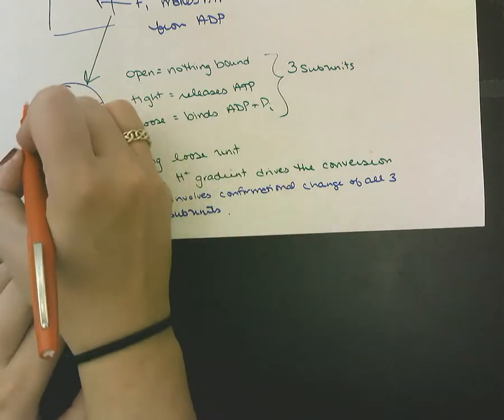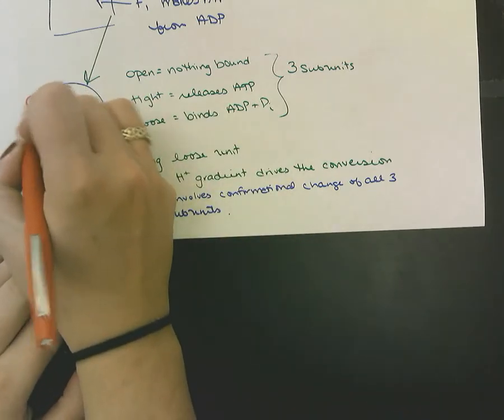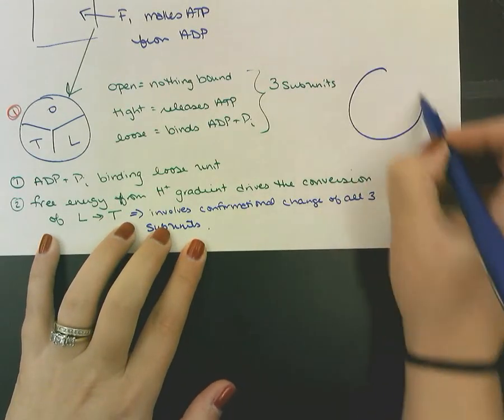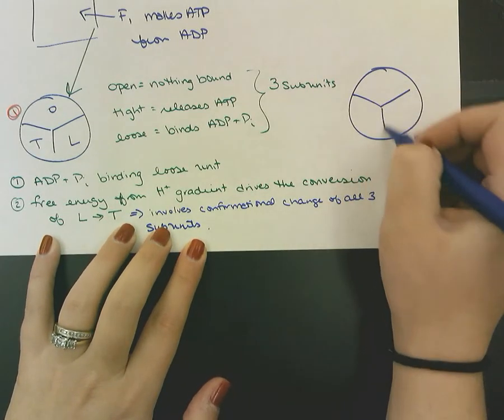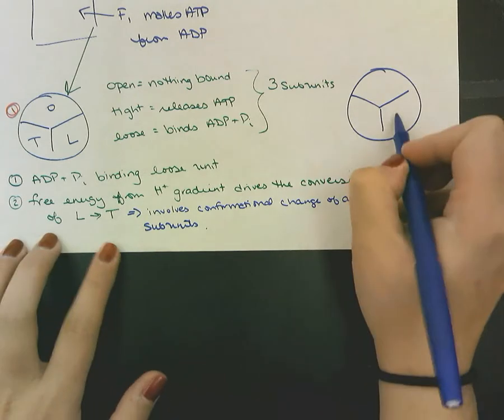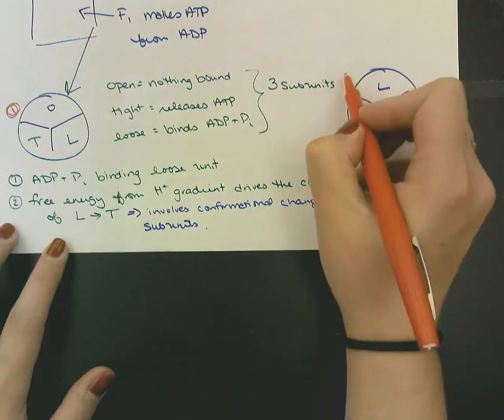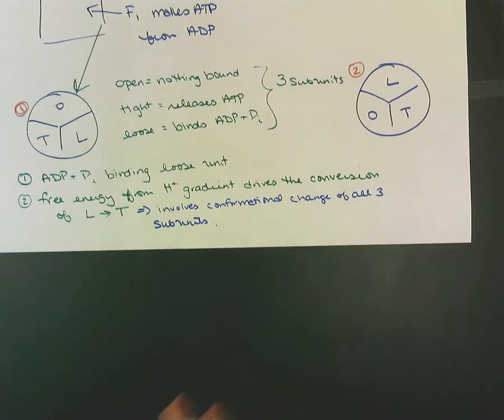So if this is step 1 where something is bound, I draw the same over here. So the exact same, you're still looking at the exact same.